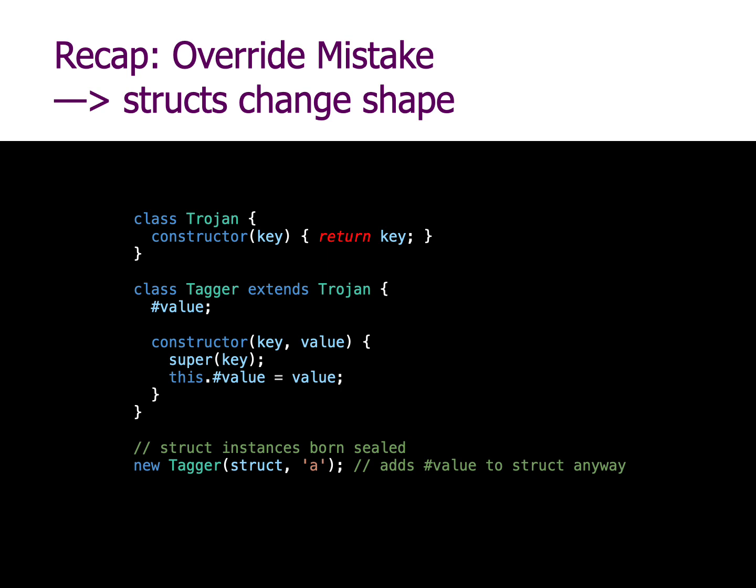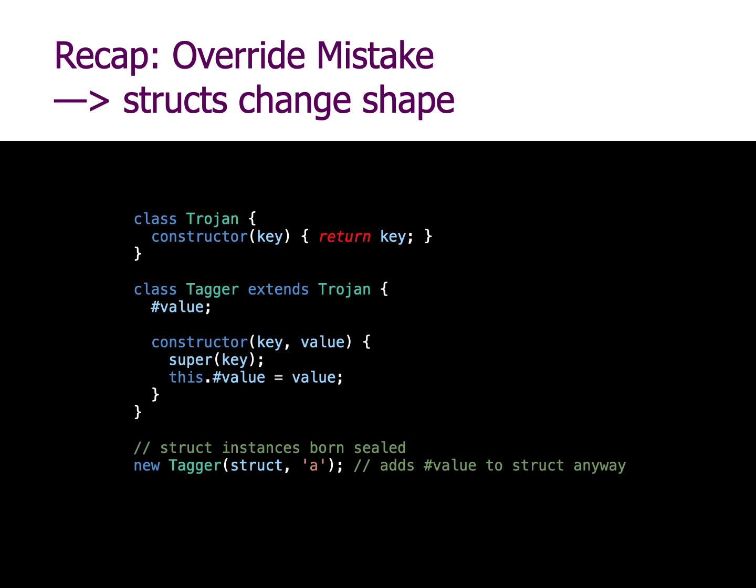One motivation of this is the struct proposal, which is proceeding as a separate proposal. A lot of the rationale for it is that structs are essentially better classes, and better in particular in ways that enable them to have a high-speed implementation.